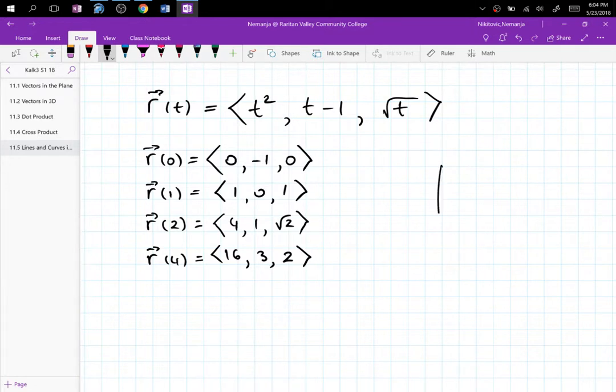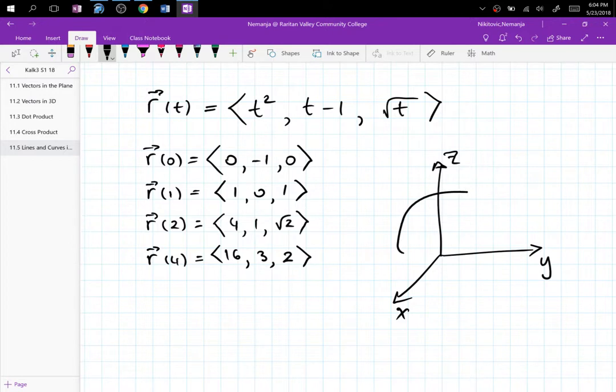So, a quick representation without us actually going and drawing all of these precisely. The space curve that we get, which we label as R of t, is going to have these vectors pointing right to the curve.